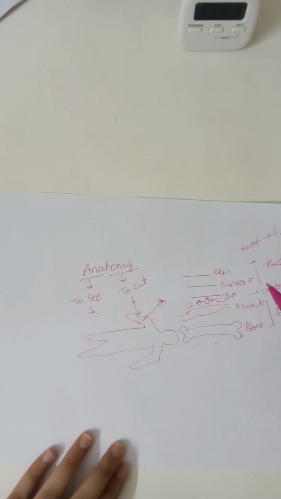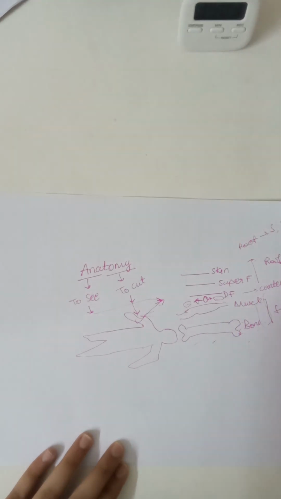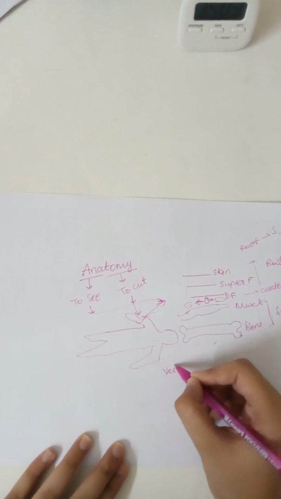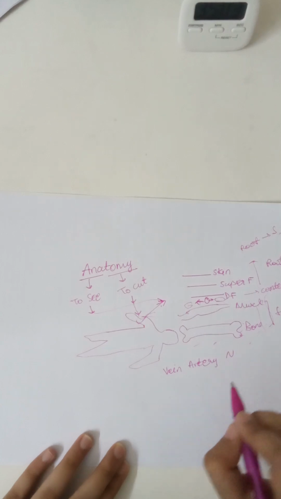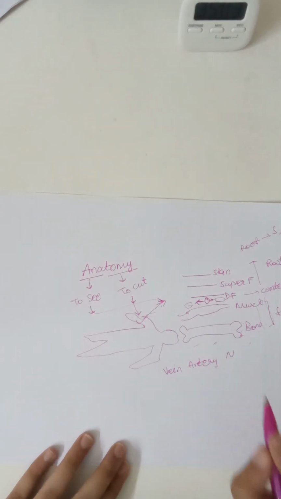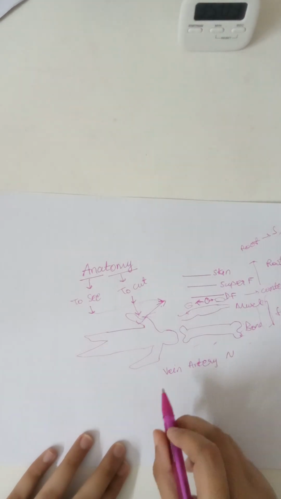These structures remain the same. Vein, artery, nerve: every compartment, every triangle, every fossa contains these three.